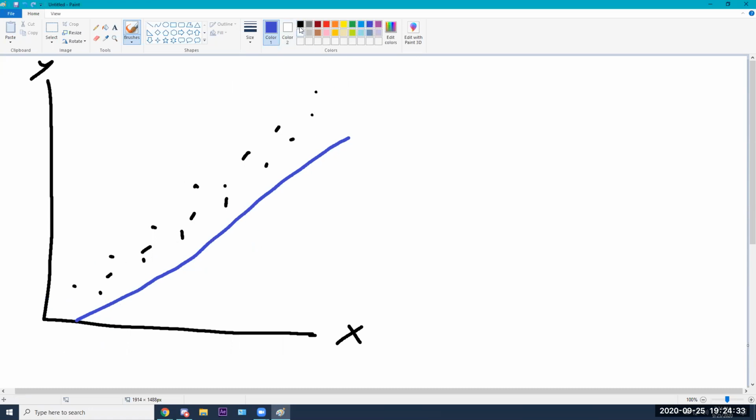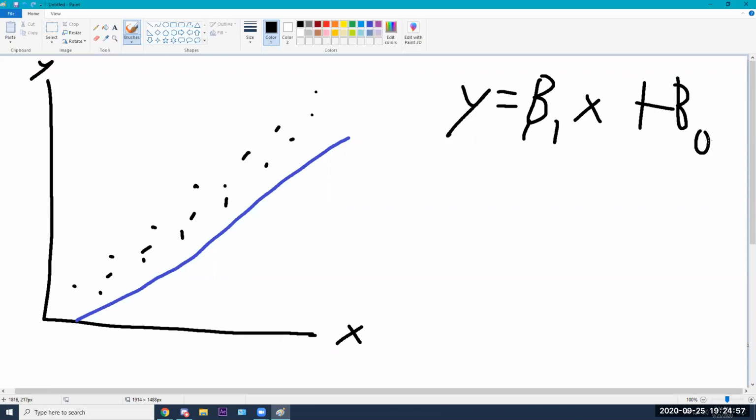So as you probably know, lines are usually in the form of y equals mx plus b. But here, instead of just doing mx plus b, we're going to denote it y equals beta 1 x plus beta naught.